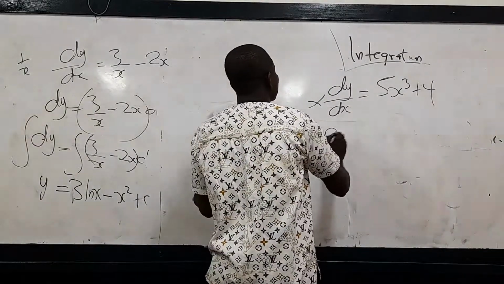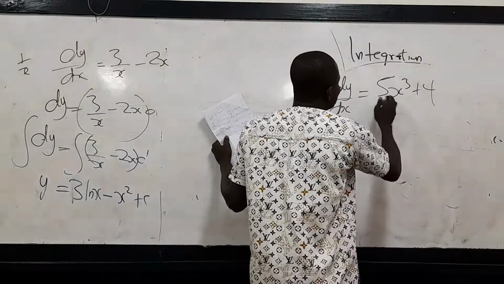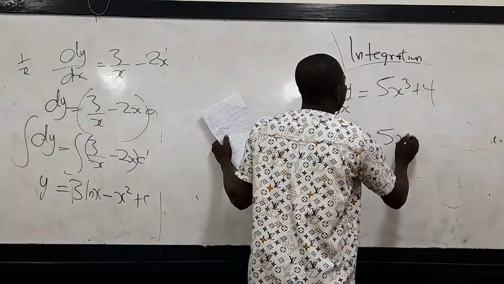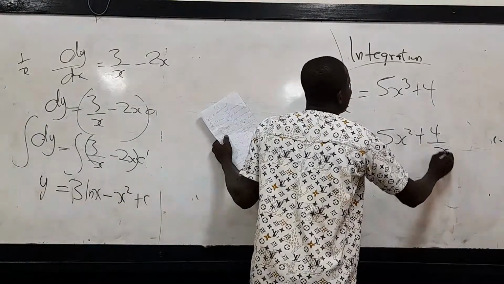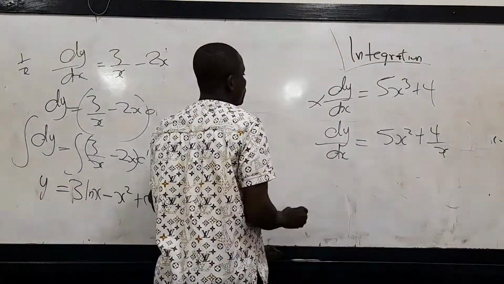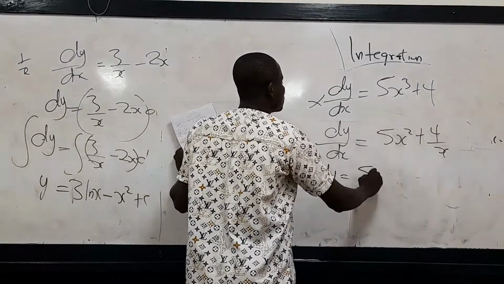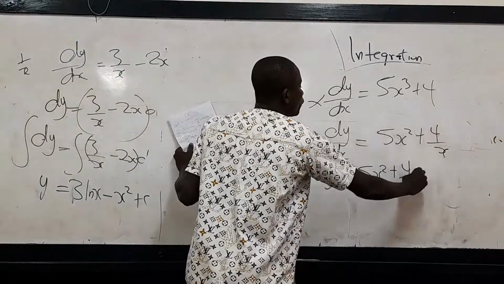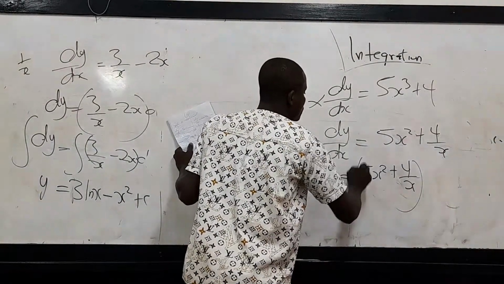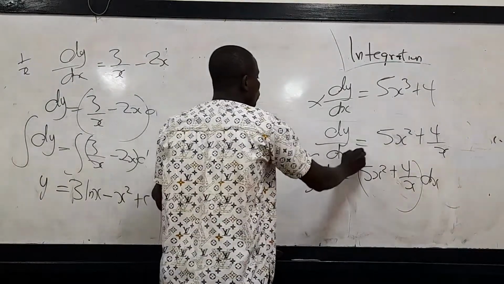So we have dy/dx is equal to, as we divide this, 5x squared plus 4 over x. So dy is equal to 5x squared plus 4 over x dx. So I can decide to integrate both sides.